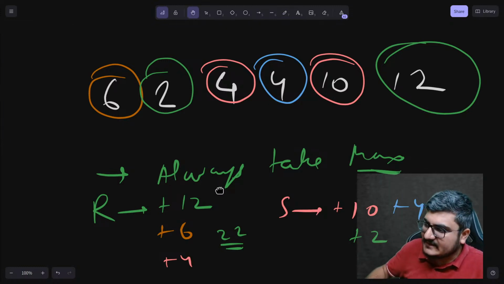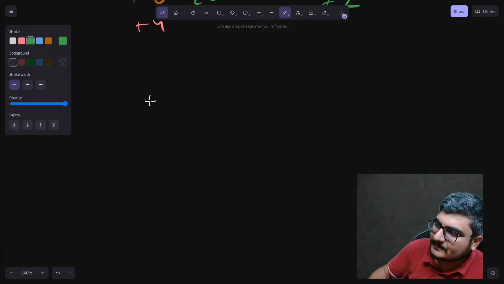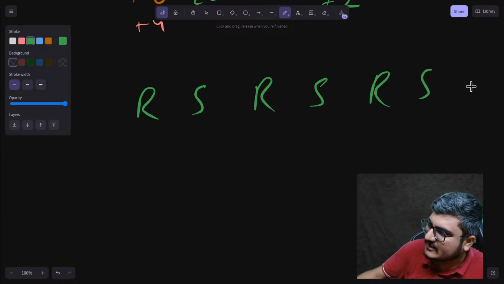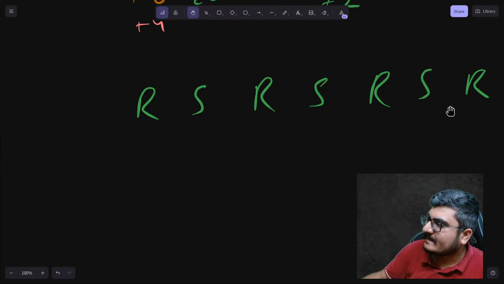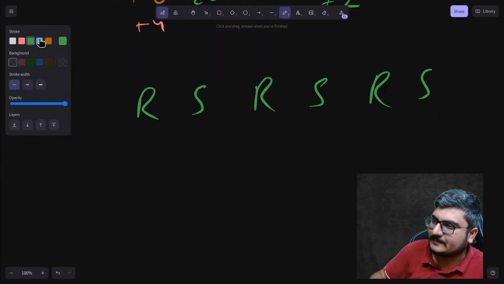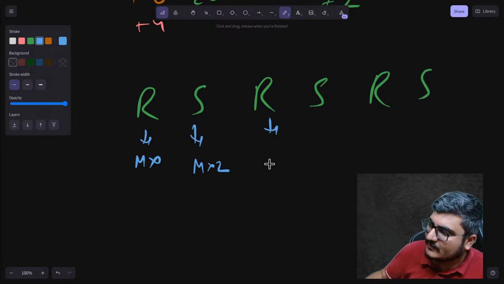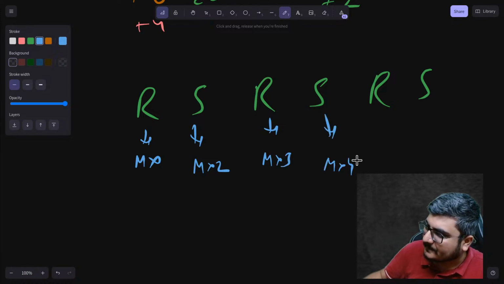Because let's see, the turns happen like this: Robin Hood, Sheriff, Robin Hood, Sheriff, Robin Hood, Sheriff, Robin Hood, something like that. Let's say both of them have an equal number of turns. Robin Hood will choose the maximum. Sheriff will choose the second maximum. Robin Hood will again choose the third maximum. Sheriff will choose the fourth maximum.